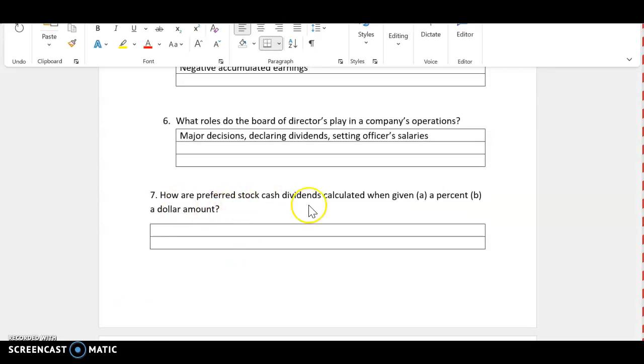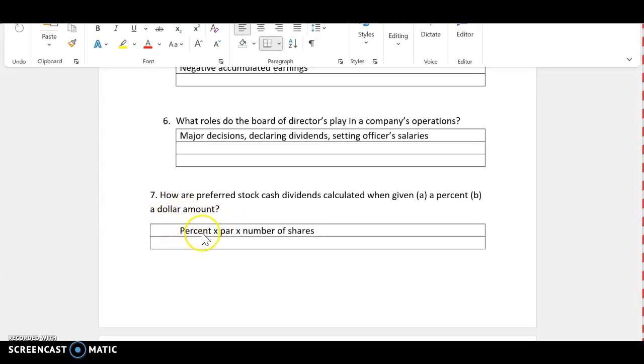How are preferred stock cash dividends calculated with given a percent and a dollar amount? So we talked about how to do this when given a percent. If we want to know how much we should pay to preferred stockholders, then the formula is going to be percent times par times number of shares, and the order doesn't matter here, just multiply those 3 together.